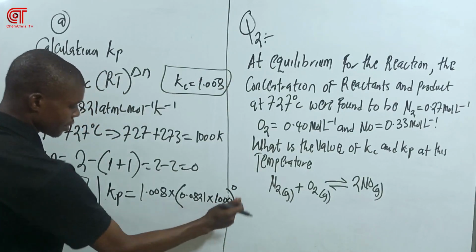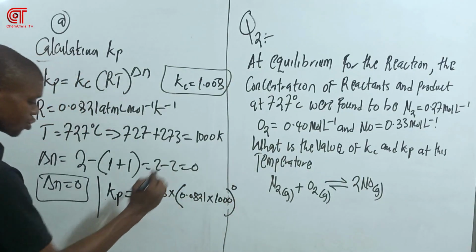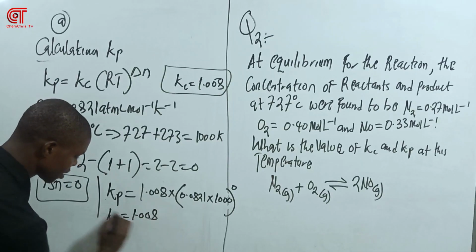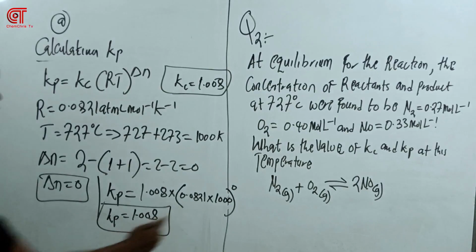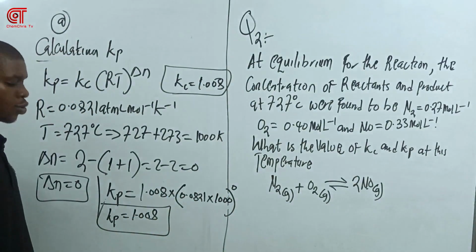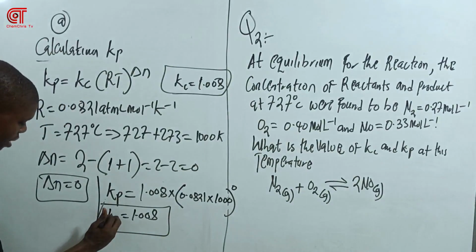The whole of this is going to be 1, because anything raised to the power 0 is 1. So my Kp is going to be 1.008. That is the answer.